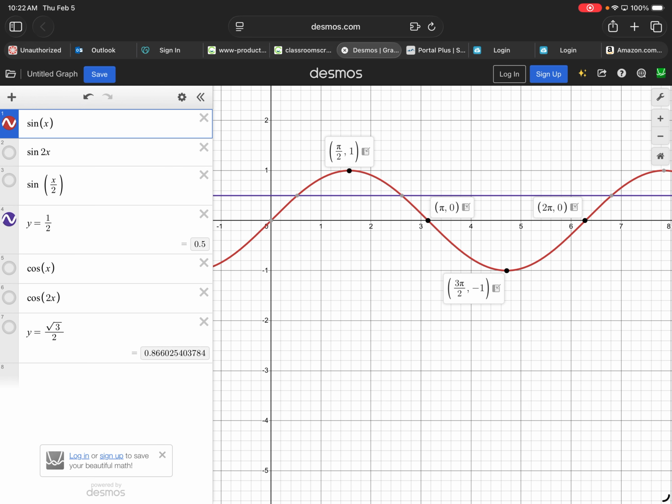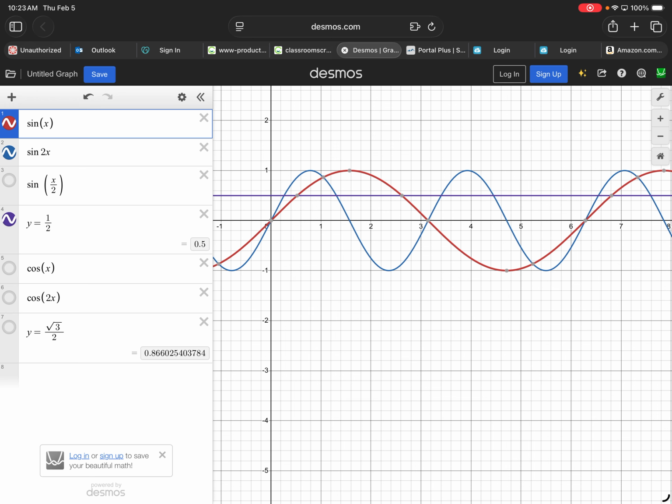And your two answers where sine is 1/2, that's 30-degree reference angles. So pi 6 and 5 pi 6. Sine of 2x in there, I get 4 points. Let's see if it'll do it. 4 points from 0 to 2 pi where the sine's 1/2.